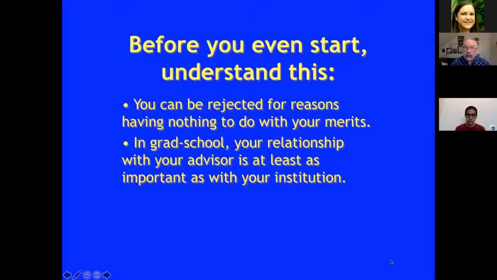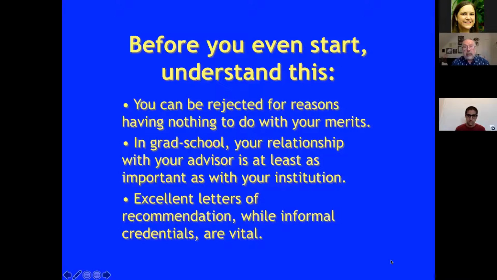Maybe your potential advisor's grants didn't get funded that year. Maybe your potential advisor is going to be away on a sabbatical. Maybe your potential advisor is already loaded up to the gills with graduate students. All of those things can cause your application to be rejected, even if you're perfect. All right.